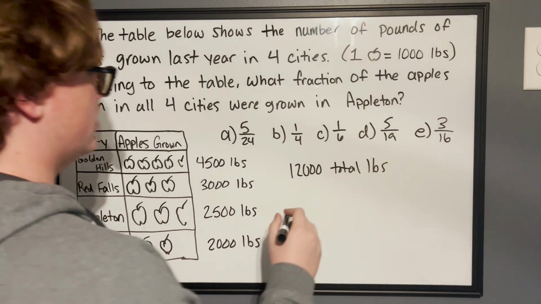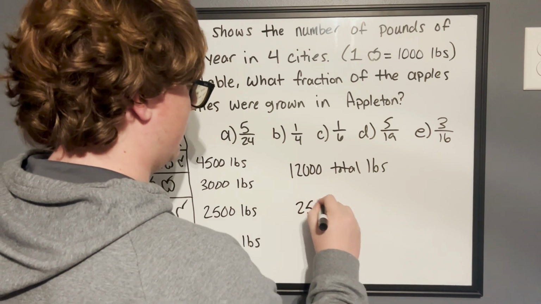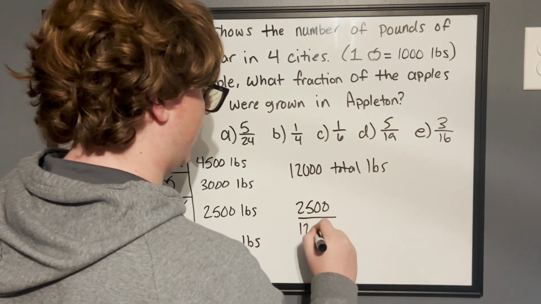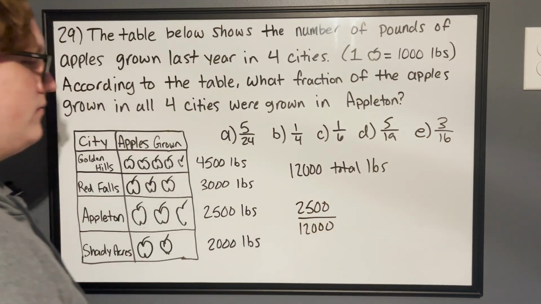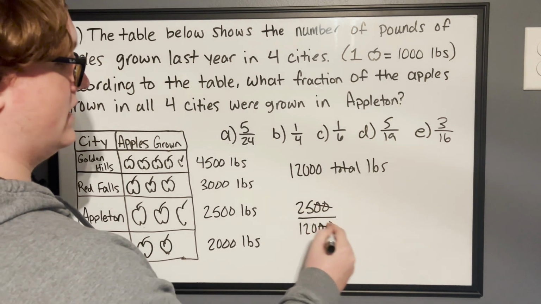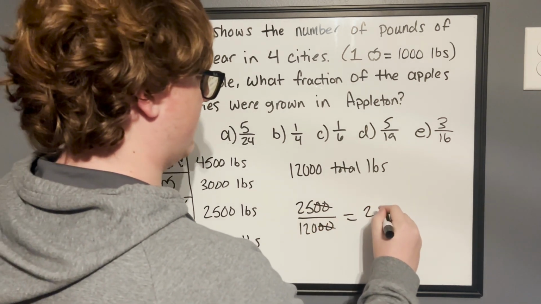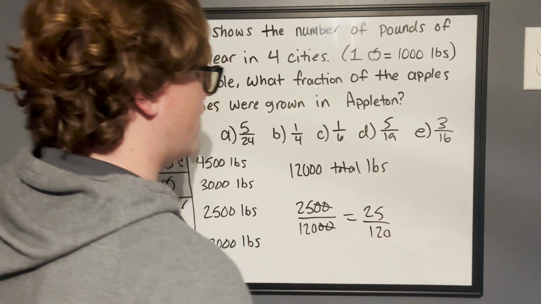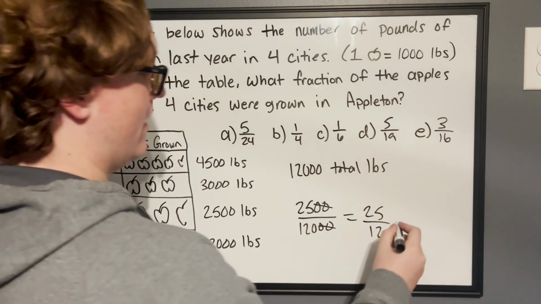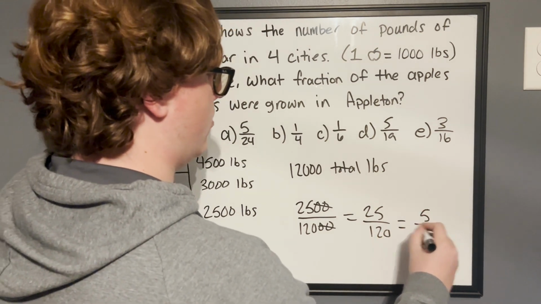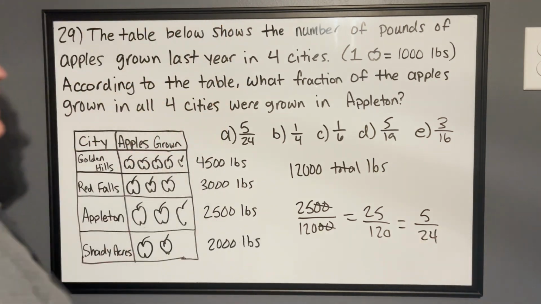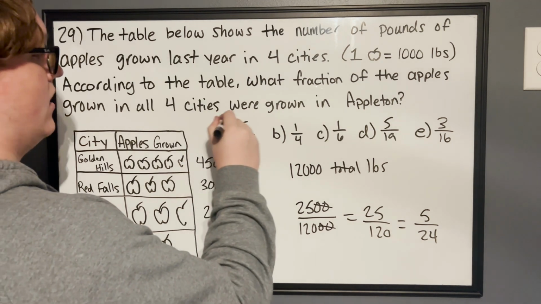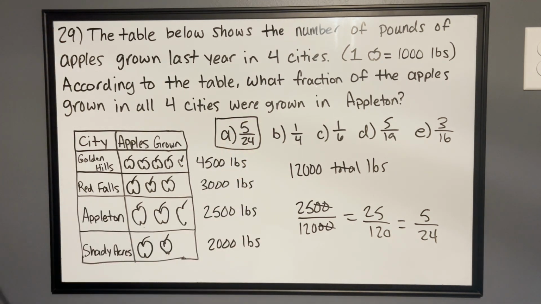So all we need to do is 2,500 divided by 12,000. We can cancel 2 zeros out of these, so this is the same as 25 over 120. We can divide these by 5, so we get 5 over 24. That is the fraction of apples grown in Appleton. So that matches option A, which will be our answer for this question.